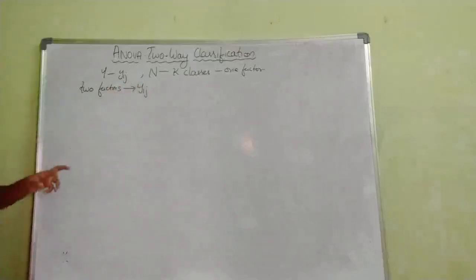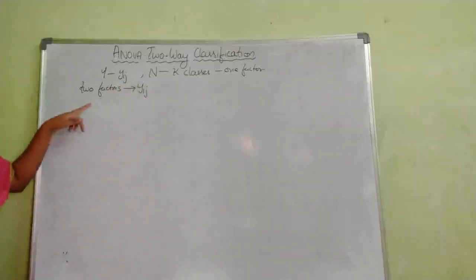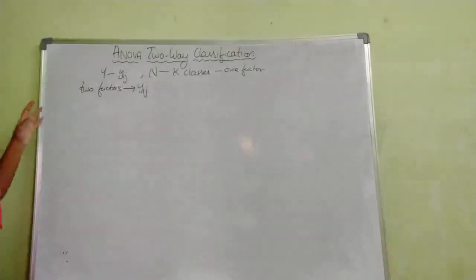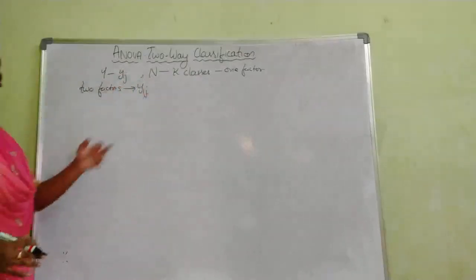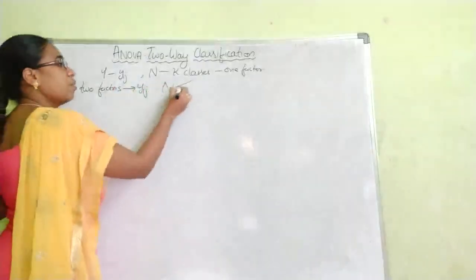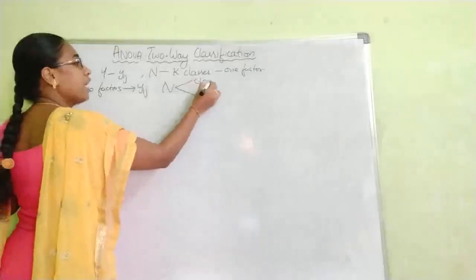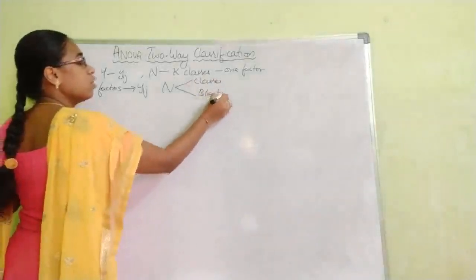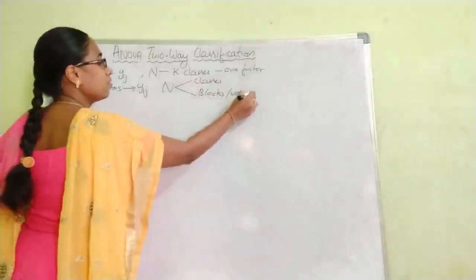That means the output is affected by the two factors. That means your total n observations will be divided not only based on the classes. These observations will be divided based on the classes and also the blocks, which are also known as varieties.